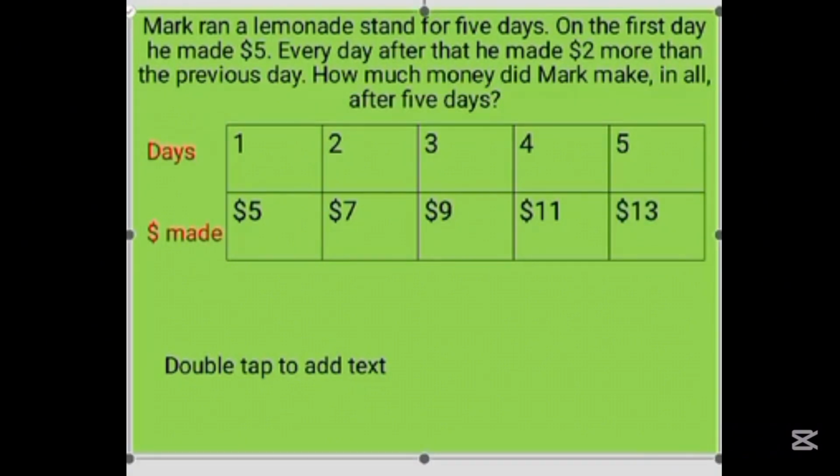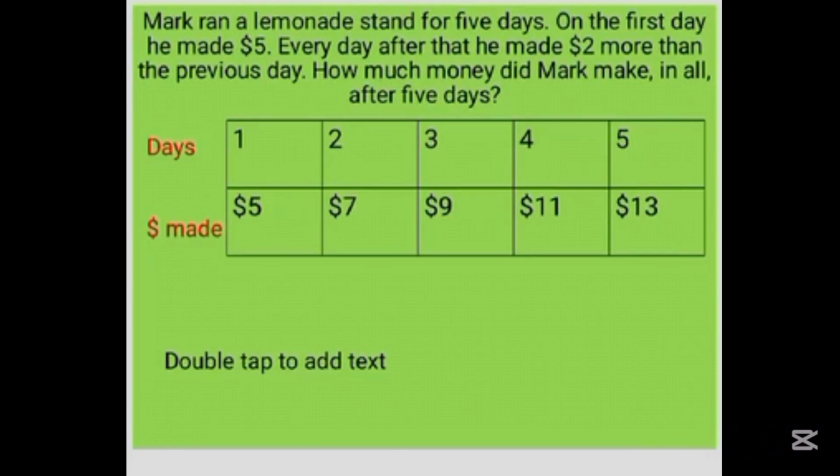So, nag-add, dahil itong $7 and $9 and $11 and $13, yan yung apat na yan. Bakit ba naging 7, 9, 11, 13? Dahil nag-add lang tayo ng 2.